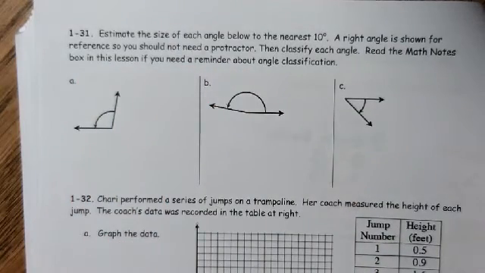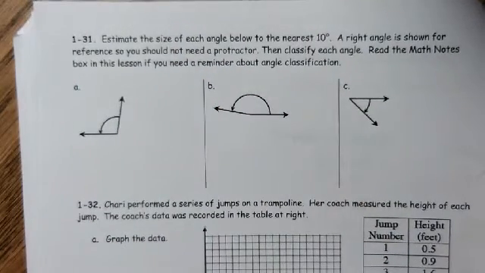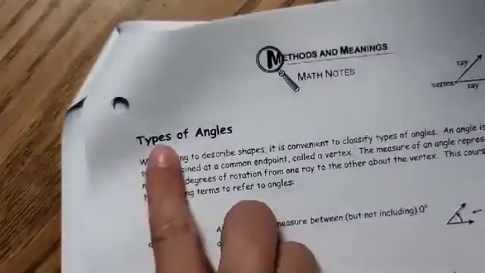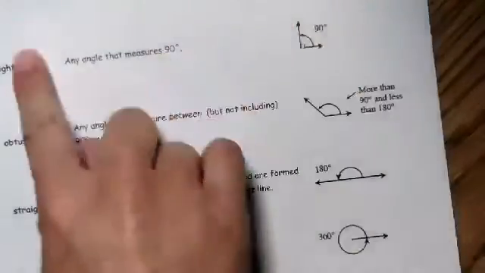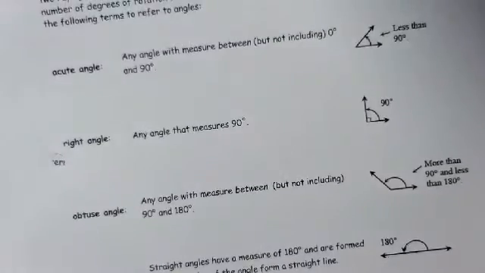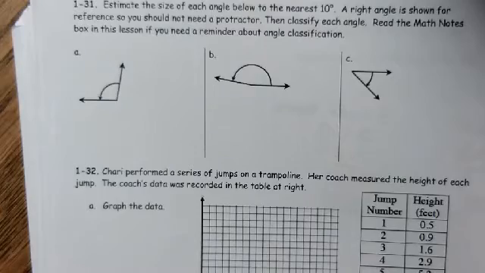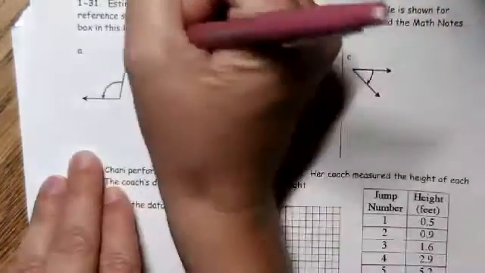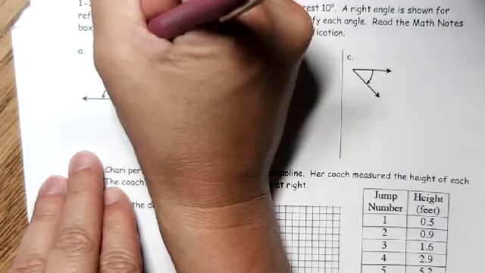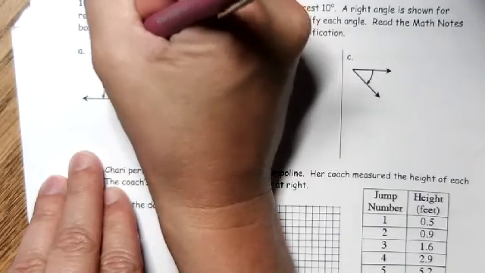Then classify each angle. So the notes that I was talking about were right here. It says types of angles, and there's all these types of angles here. So you can see and make a guess. Now, this is just a guess. You're just trying to guess what the degrees are. Now, a right angle looks like that.